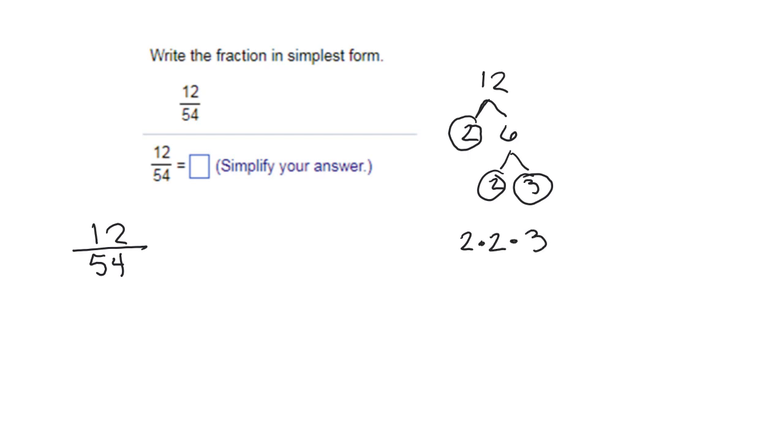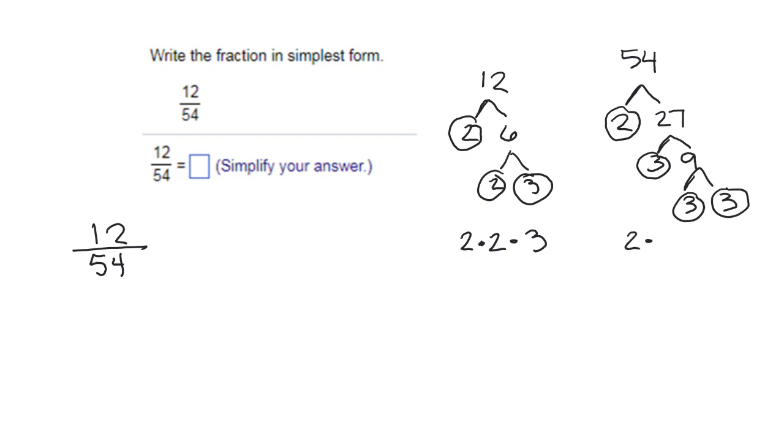That's the prime factorization. Then I'll take a look at the number 54, and I can break this down into 2 times 27 will give me 54. Again, 2 is prime. I can take the 27 as we broke down on the previous problem, 3 times 9, and 9 breaks into 3 times 3.